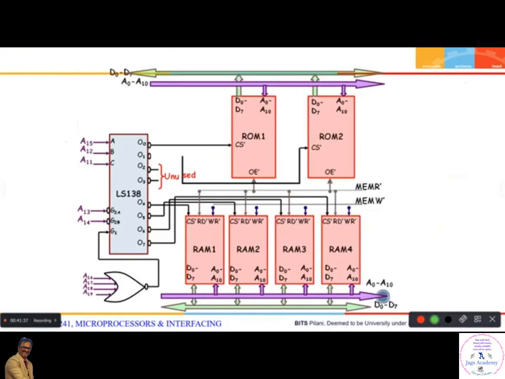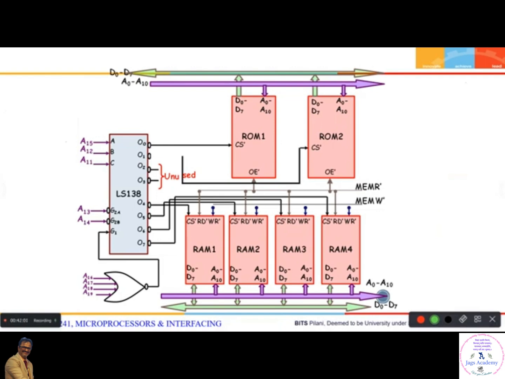See, this is the way it works. The complete diagram. This is your ROM 1, ROM 2. You can see address lines A0 to A10 will directly go to the particular RAM and ROM chip. And you can see that O0 is connected to the chip select of ROM 1.